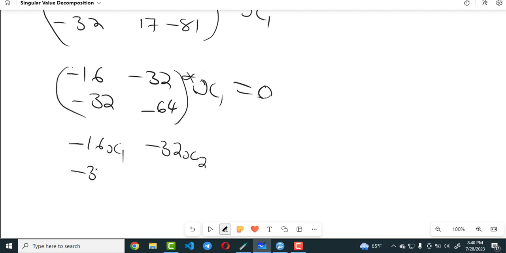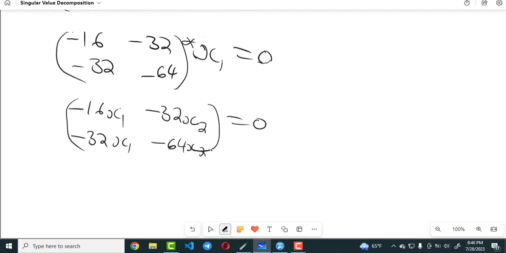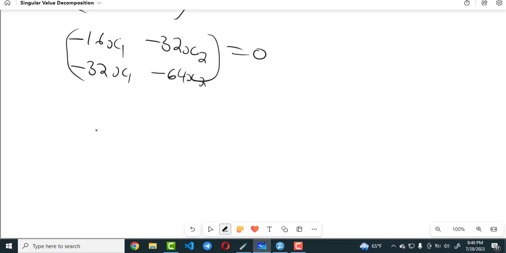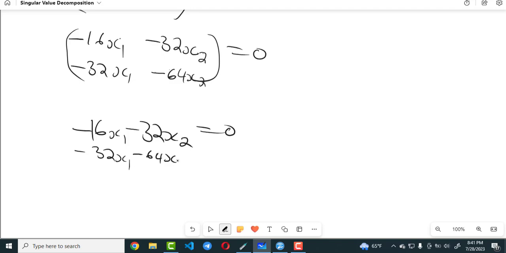And also minus 32 x1, minus 64 x2. What we are going to do here is create a simultaneous equation just like we do in mathematics. So our simultaneous equations will be minus 16x1 minus 32x2 equals 0, and the same applies: minus 32x1 minus 64x2 is equal to 0.